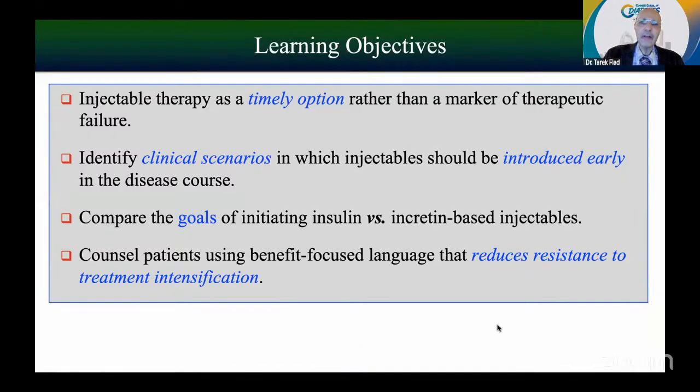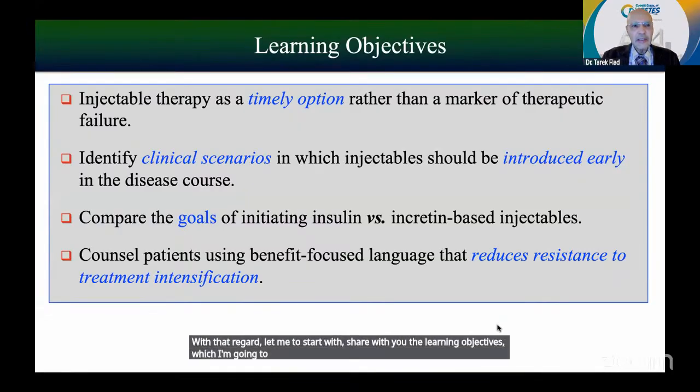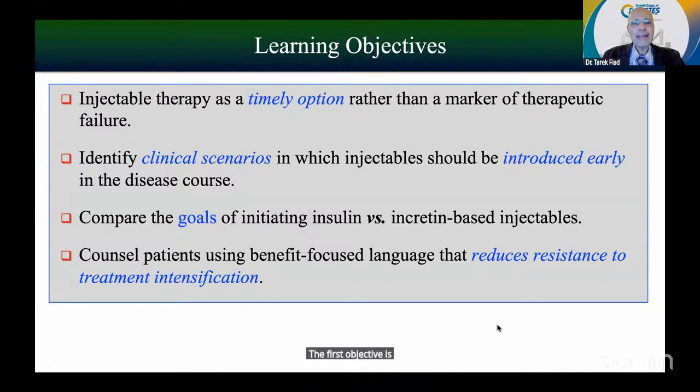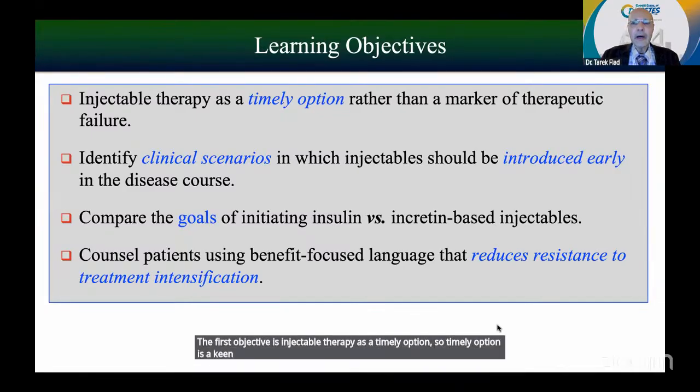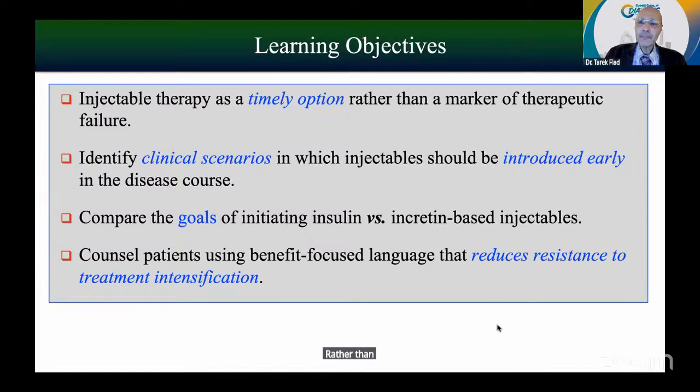So with that regard, let me start by sharing the learning objectives which I'm going to address this evening. The first objective is injectable therapy as a timely option. So timely option is a key word here, rather than a marker of therapeutic failure.